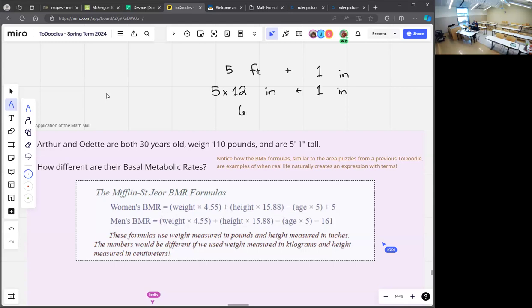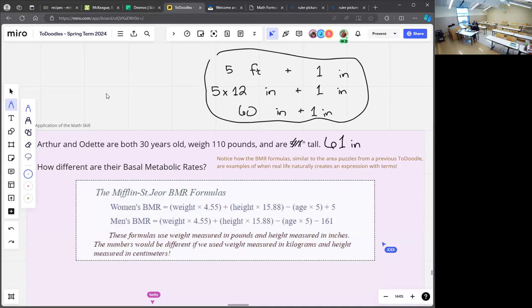So 5 times 12 is 60 inches plus 1 inch. So what I really should do is cross that out and say 61 inches tall. Okay, now I'm ready to start, because I got the 5'1" changed to be 61. Everyone with me so far? Yeah.